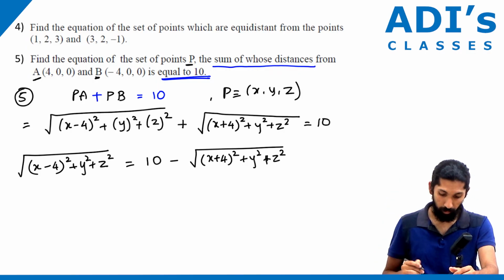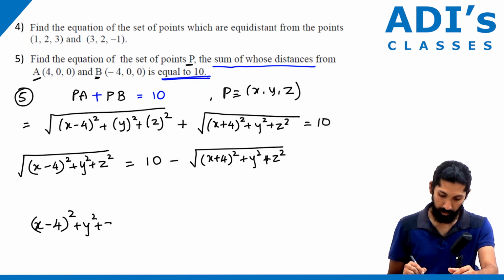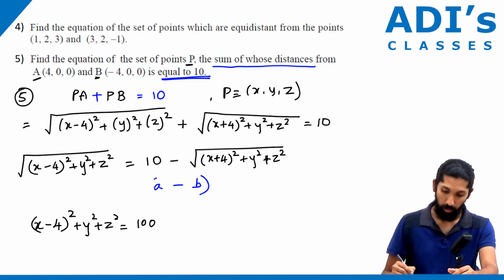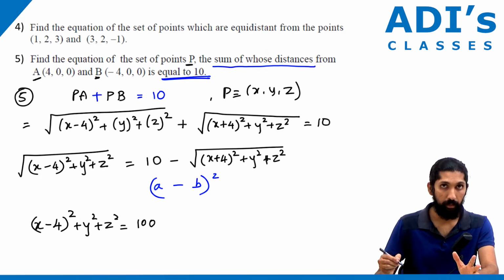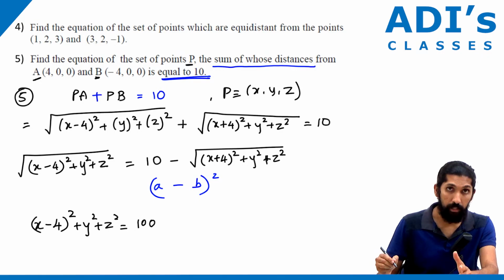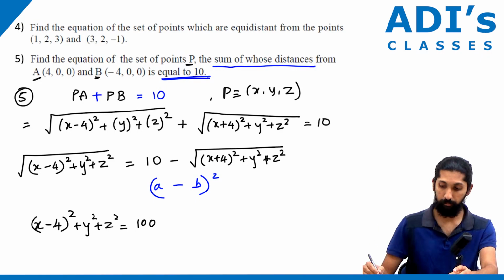Clear? So when we square on both sides, x minus 4 whole square plus y square plus z square is equal to 100, because this is of the form a minus b whole square, which is a square plus b square minus 2ab. That's why we have to do it this way.